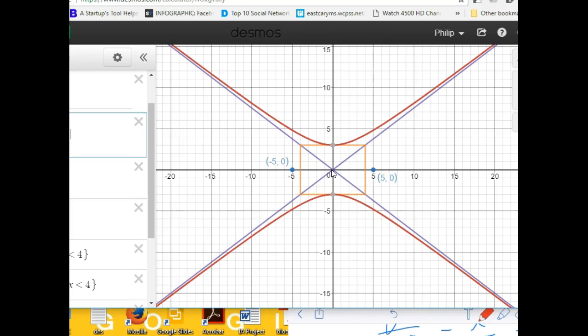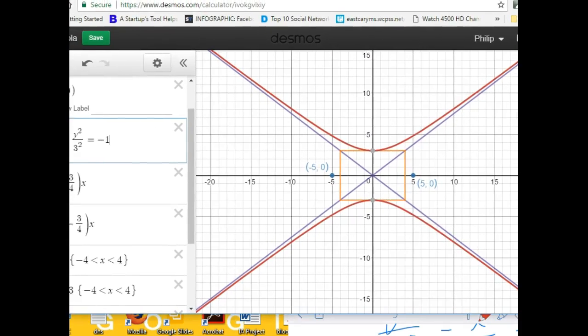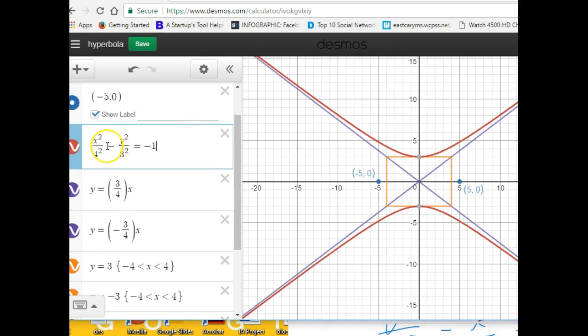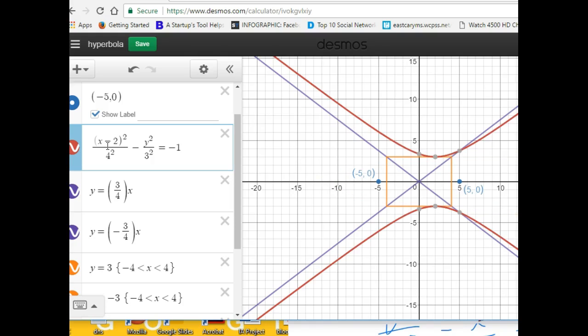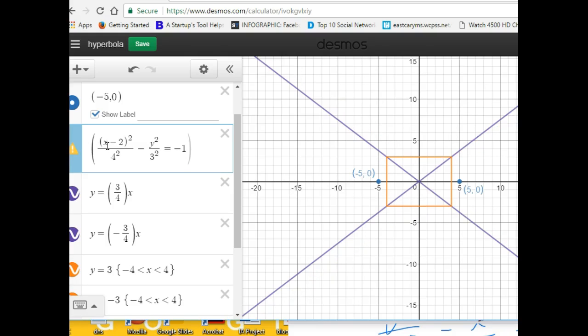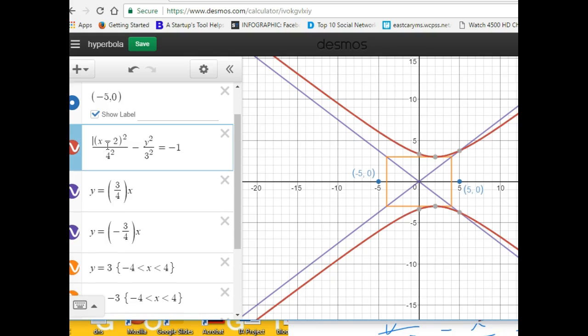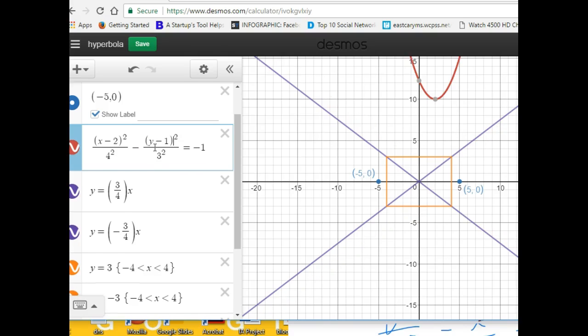And when you have an untranslated hyperbola, that would be at (0, 0), but when you translate it, let's try to translate it to (2, 1) or something, okay? So I'm going to put x minus 2 and then y minus 1 here. Okay?